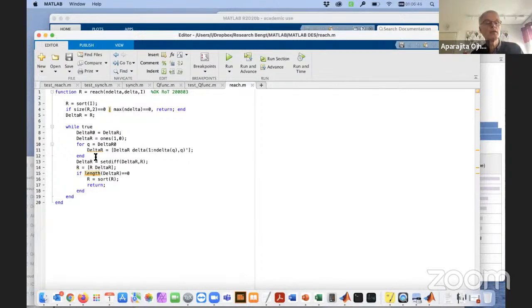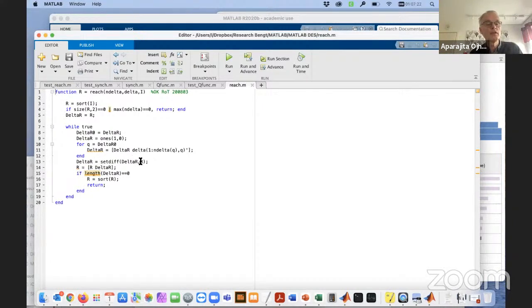And you continue that for all the states in the old delta R. And then you take the difference between the new delta R and the current total set of states. In that way, you get exactly the new additional states. So from the current delta R, you go forward, but it could mean that you also recognize some old states that you have already seen before.